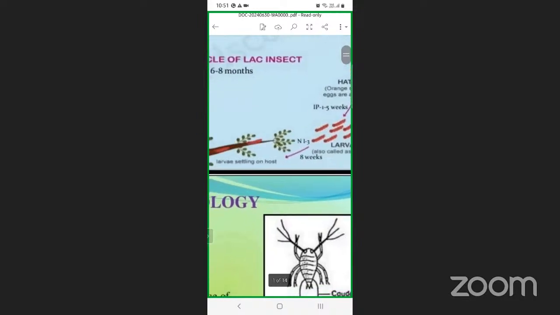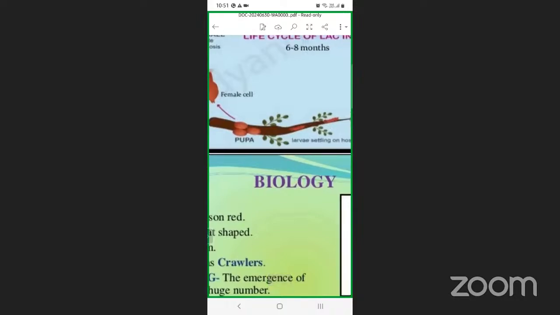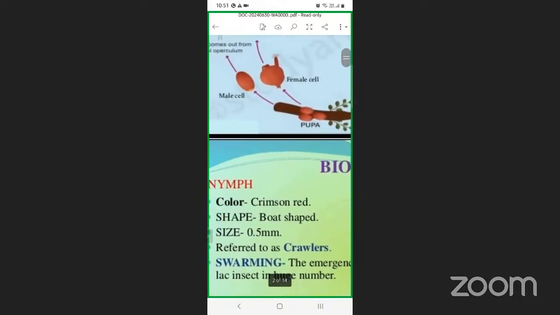After 8 weeks, we see the larvae settling on the host. After settling, they are called pupae and form a shell-like structure on them, a cover formed by the integumental glands.